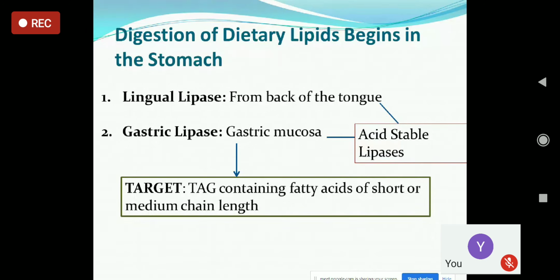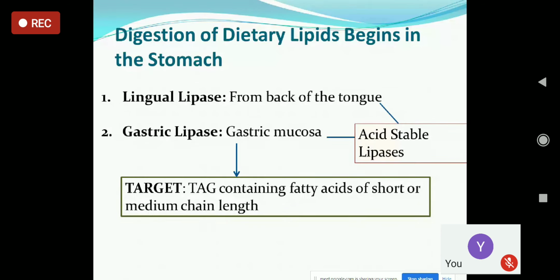Lingual lipase originates from the glands at the back of the tongue. And there is also another enzyme, the gastric lipase, which is made by the gastric mucosa. This lingual lipase acts on the triacylglycerol molecules that contain fatty acids of short or medium chain length.